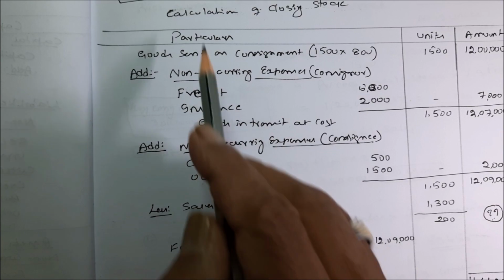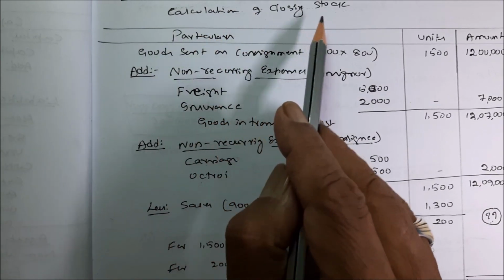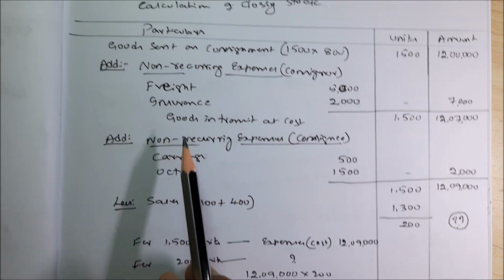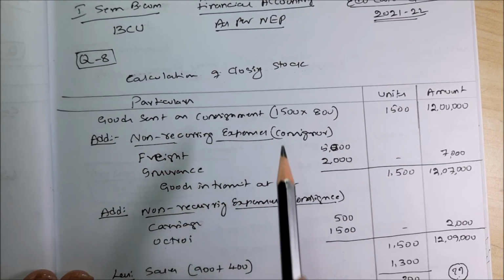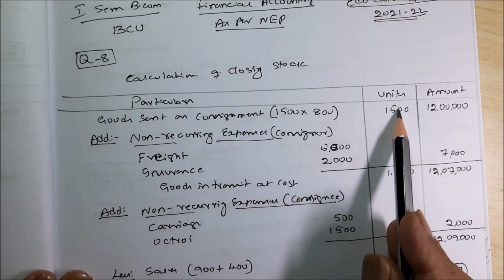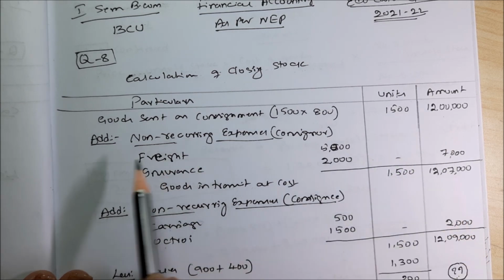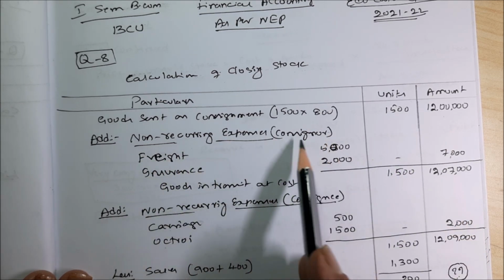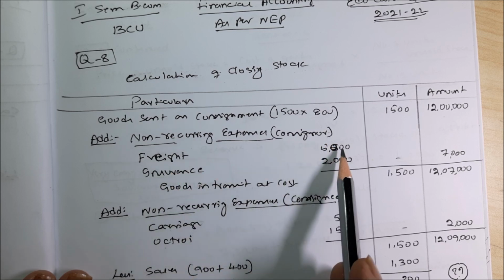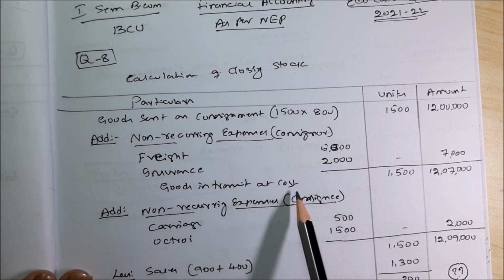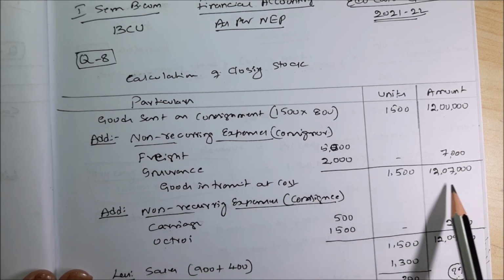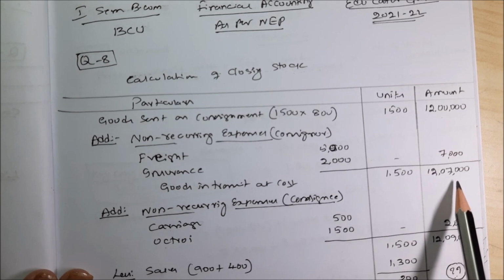So first I have written the calculation of closing stock. Goods sent on consignment: 1500 units at 800, that comes to 12 lakh. Add non-recurring expenses of the consignor: freight 5000, insurance 2000, total 7000. So goods in transit at cost for 1500 units comes to 12 lakh 7000.